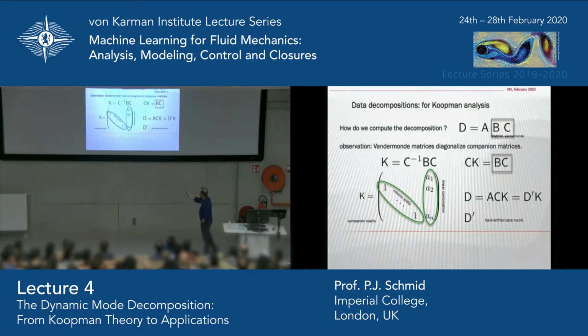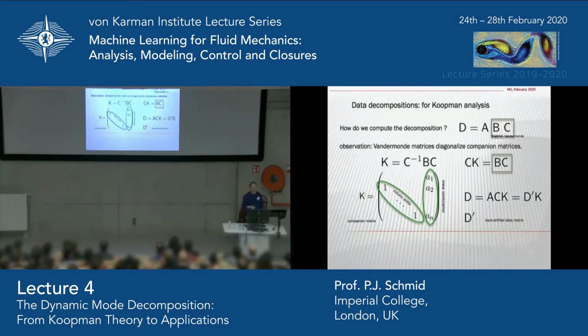And then the only thing is the last column in D has to be multiplied by the linear combination of all the ones in D prime. Okay? So what I need to do now is, I have the data matrix here, and the D prime I get by taking the last column of D and expressing it as a linear combination of all the other ones before in D. That's nothing more than what the companion matrix does.